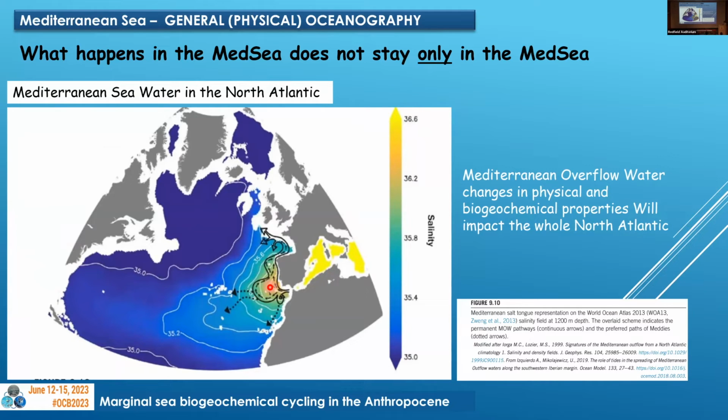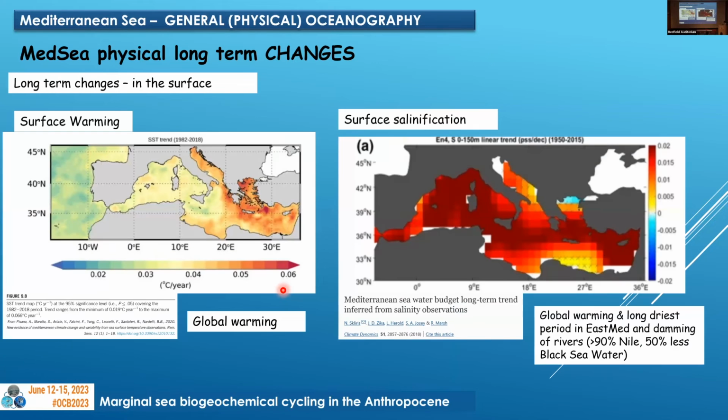This is the salinity, but it also has a signature for the biogeochemical properties. So any changes occurring in the Mediterranean Sea will finally get into the North Atlantic, affecting the circulation and the biogeochemistry signatures.